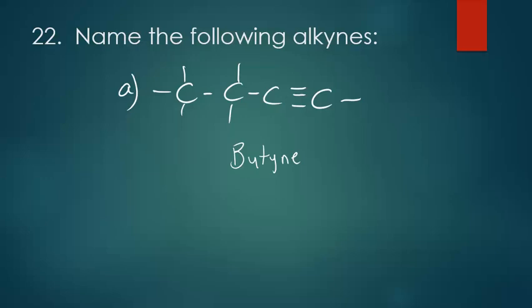You can be a Westerner and go left to right, 1, 2, 3, 4, and call it 3-butyne, or you can be an Easterner and go right to left, 1, 2, 3, 4, and call it 2-butyne. What's it going to be? I'm sorry, no. It would be 1-butyne. 1-butyne. Okay, 1-butyne.